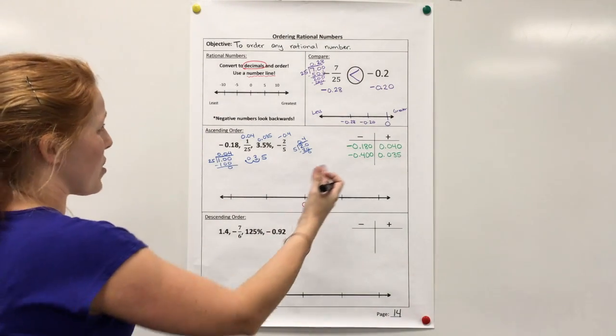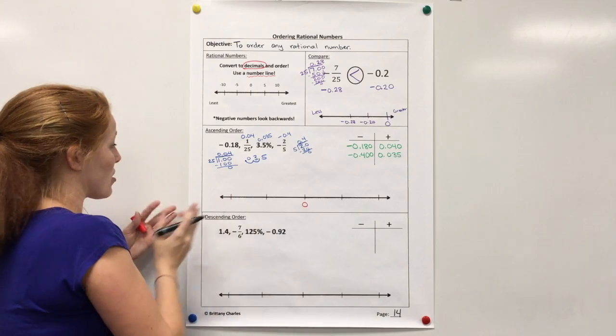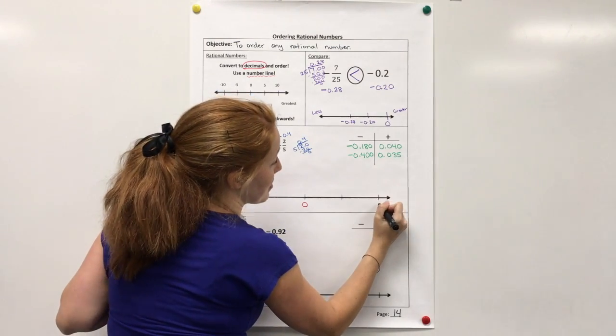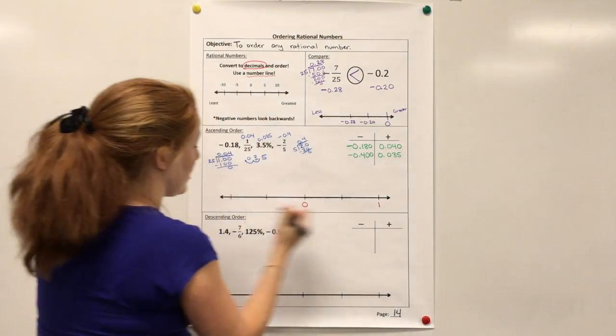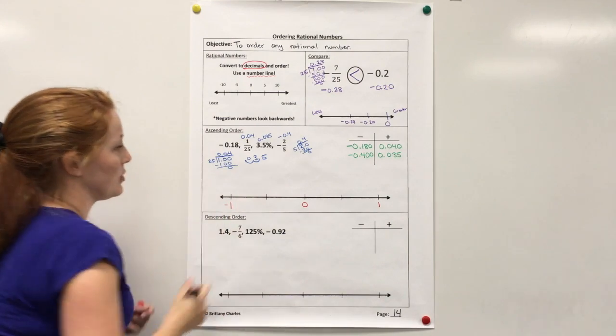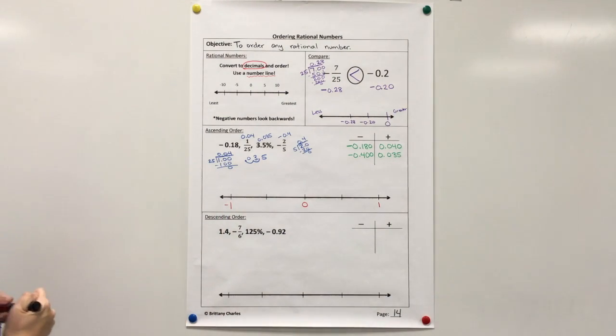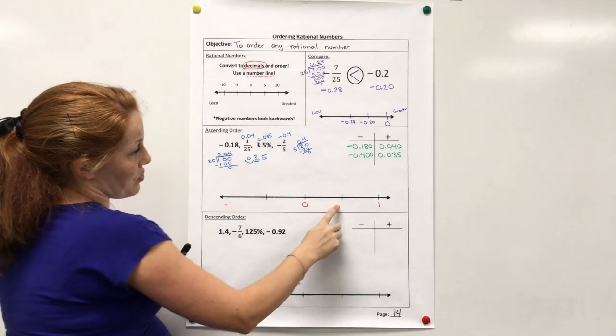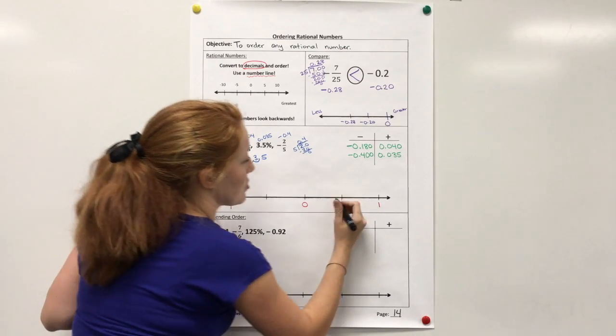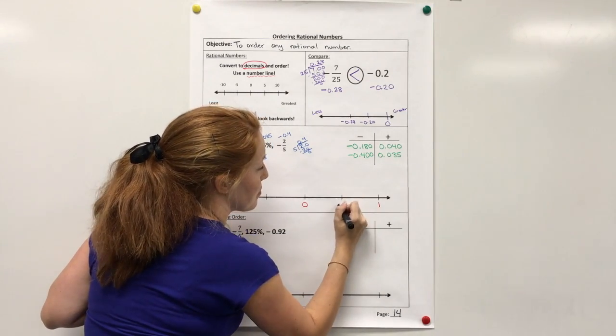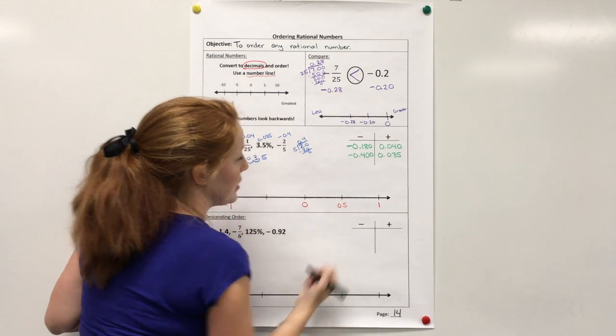And since we don't go past 1 or -1, I'm going to make this 1 and this -1.